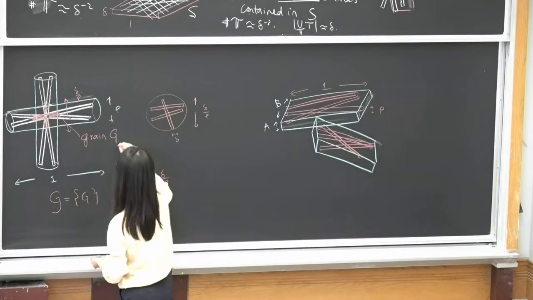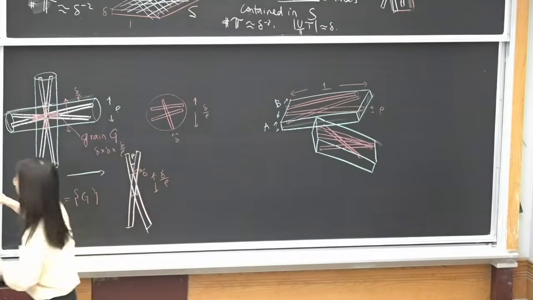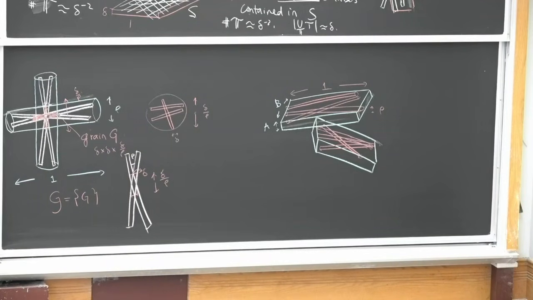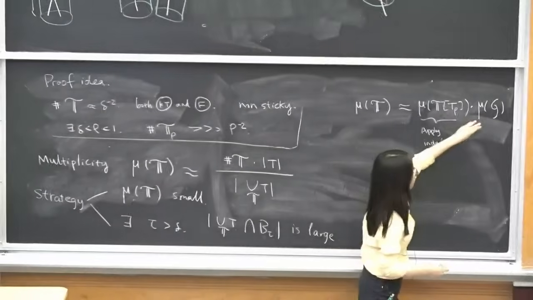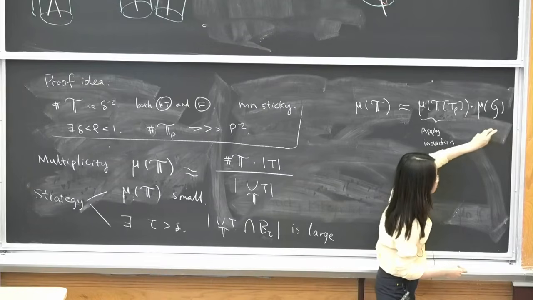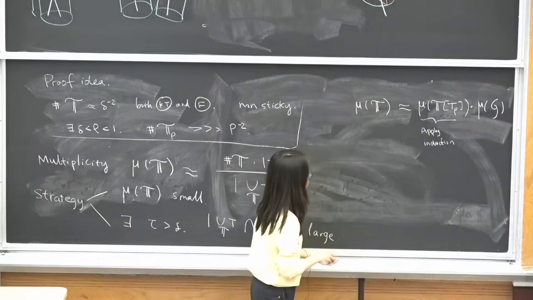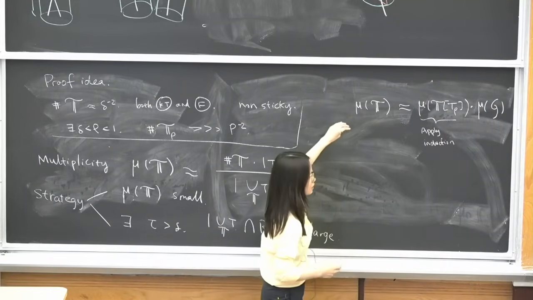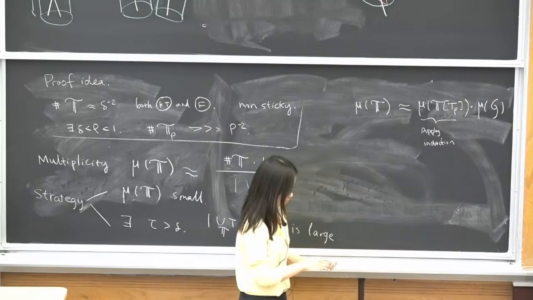The grain has dimensions delta times delta times delta over rho. And this is just bounded by the number of thin tubes through a point in a thick tube times the number of grains through each point. So that's the starting point of the induction on scales.